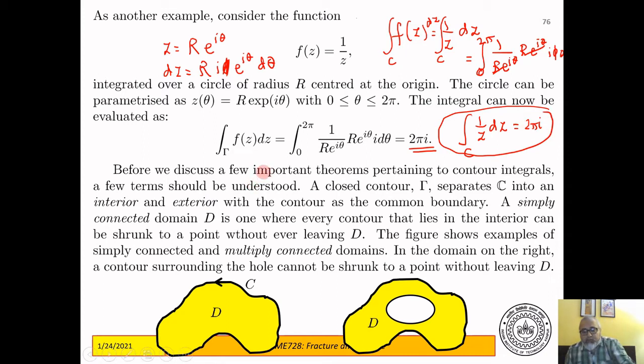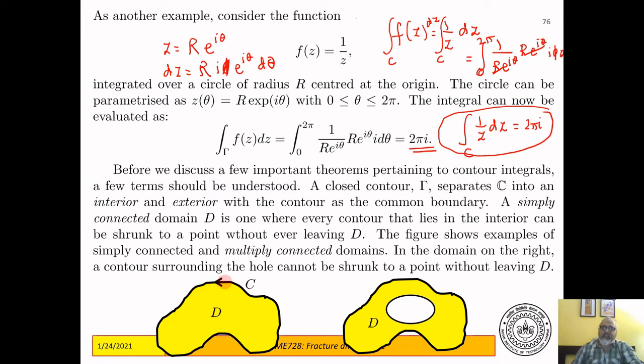Now, before we go further on doing these integrals, which are a very important part of complex variable theory, because several theorems are based on this, let us distinguish between contours, domains, simply connected, and multiply connected regions. So this is a domain D, which is surrounded by this contour C. This contour C encloses this domain D, and the contour is traced in such a way that if you walk along the contour, the domain is always to your left.